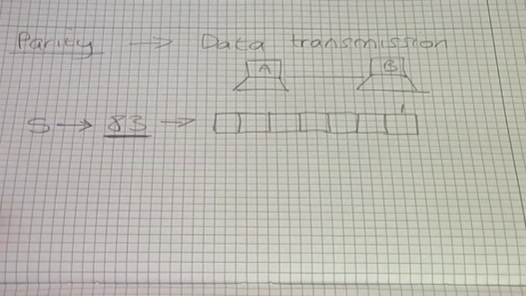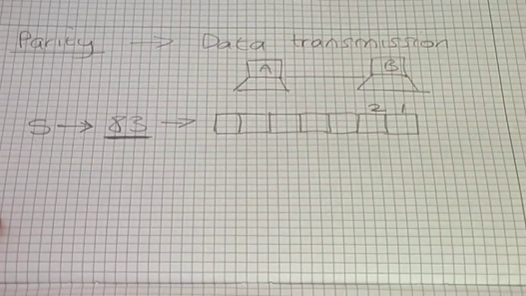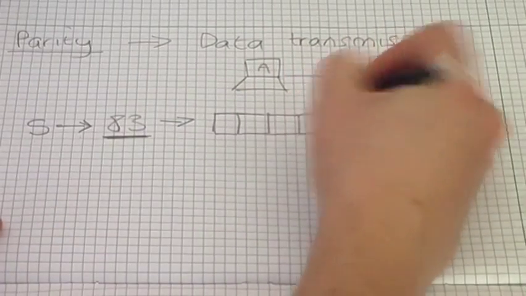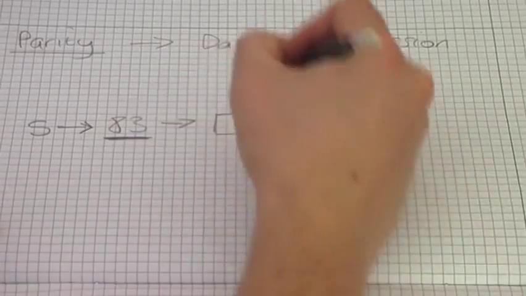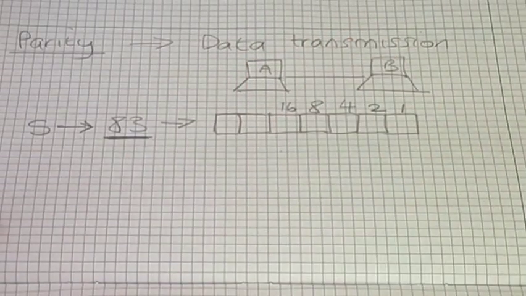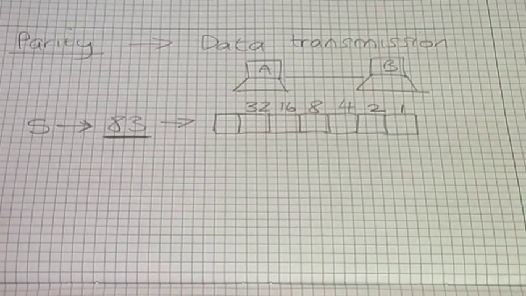I'm then going to go 2 to the power of 1, which is 2. 2 to the power of 2, which is 4. 2 to the power of 3, which is 8. 2 to the power of 4, which is 16. 2 to the power of 5, which is 32. And then finally 2 to the power of 6, which is 64.